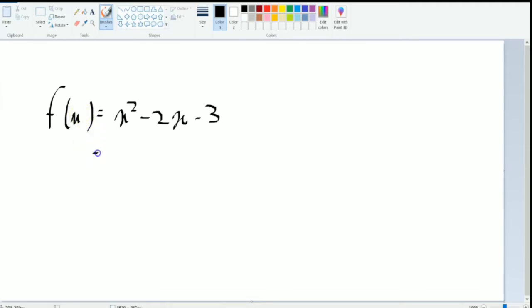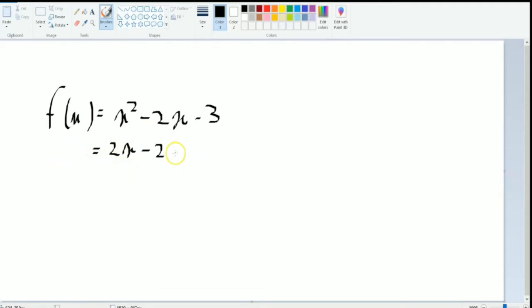So what we get is 2 times 1 is 2, and 2 minus 1 is 1, so 2x minus 1 times 2. 1 times negative 2 is negative 2, and 1 minus 1 is 0, so it becomes 1. And this is what we get. And 3, we don't have anything. So this is the derivative of x squared minus 2x minus 3.